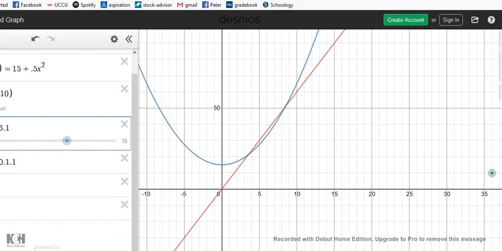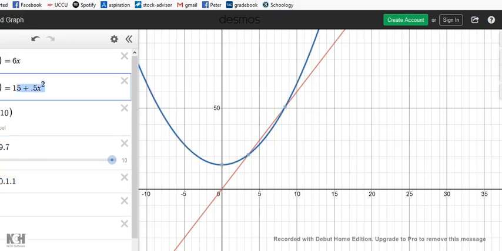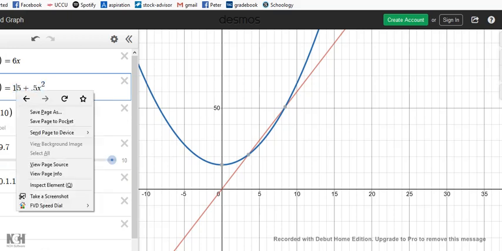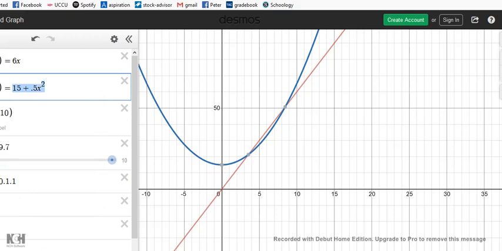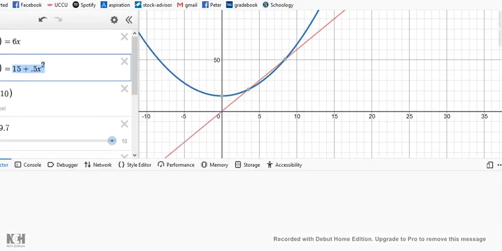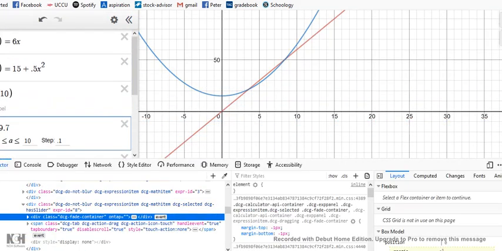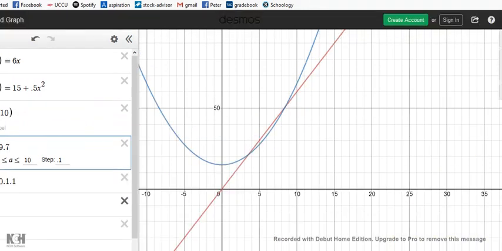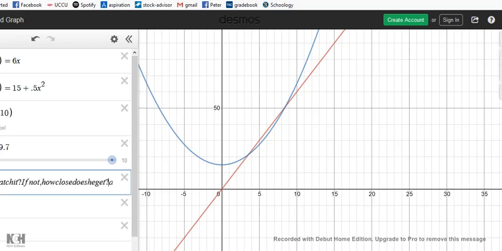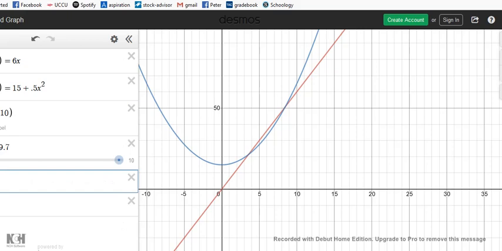Now, let's do the same thing for the bus. We're going to let the bus be a point. Let's try that again.